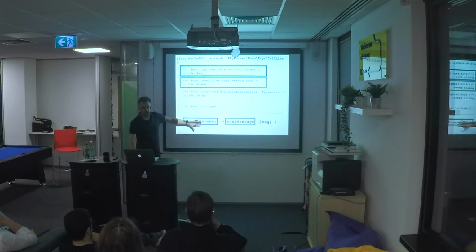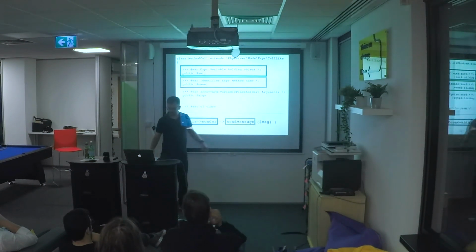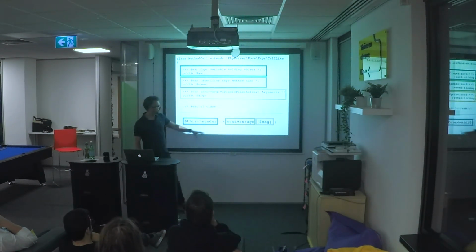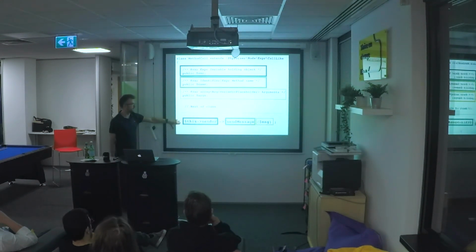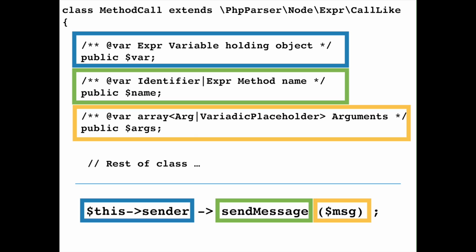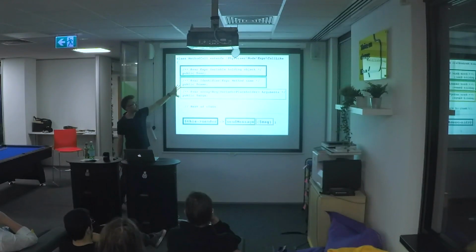It's got the identifier, which is the name of the method, and it has got the arguments that we're passing to this method. So we've seen the abstract syntax tree. We've seen how that relates to the code, and then we can also see how this particular method call node is represented, and here's how the information is stored in these public properties.